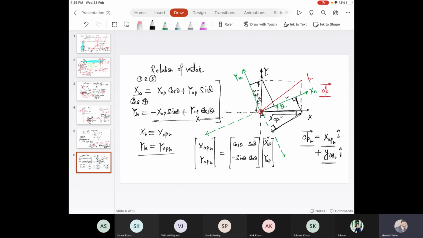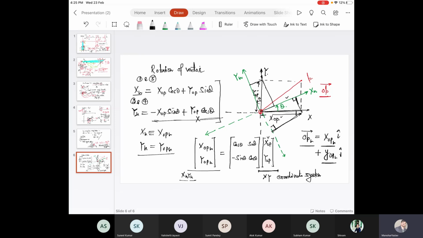So in the xy coordinate system, xop and yop are the projections of vector op on x-axis and y-axis. If you rotate the coordinate system, changing the xy coordinate system by rotating in the anti-clockwise direction with angle theta, then you have a new coordinate system, that is xn and yn.